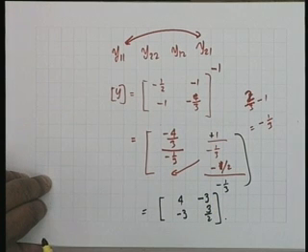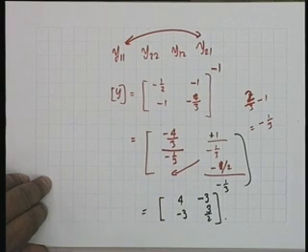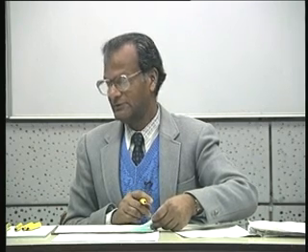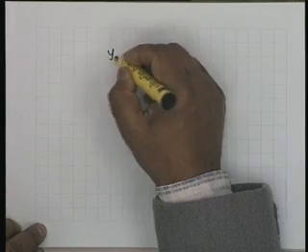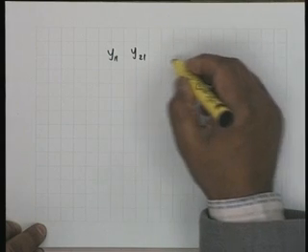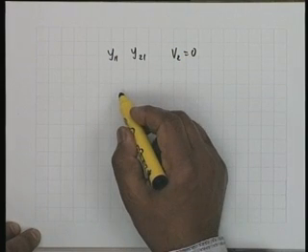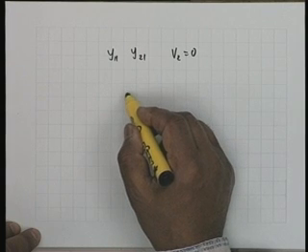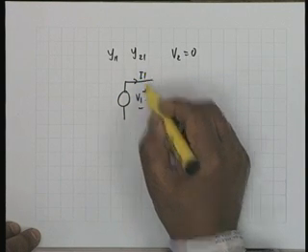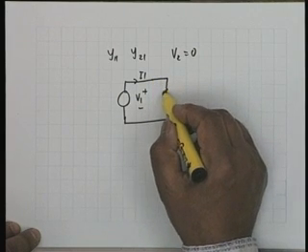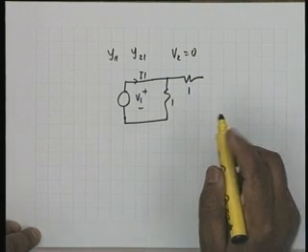Let us see if these agree, if we make the calculations ab initio, that is from the roots. Okay, let us see. For Y11 and Y21, we have to make V2 equal to 0. And if we do that, the circuit simply becomes this. We have a source V1, I1, then we have this 1 ohm, we have this 1 ohm, 2 V2.